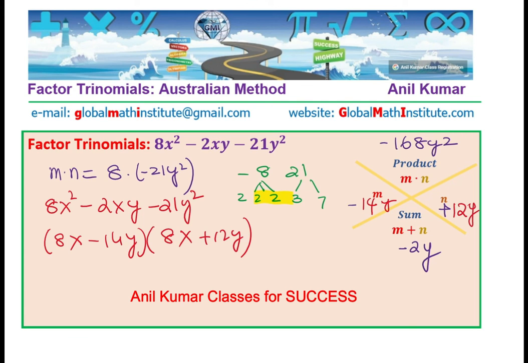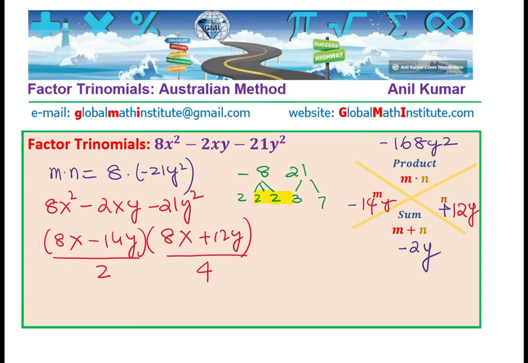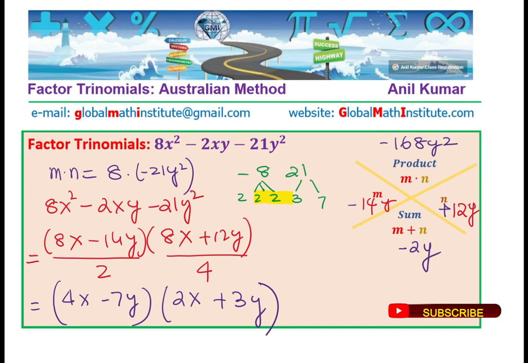We have to divide by 8. That means we can split it into 4 and 2. So this is good for 4, this is good for 2, giving us the answer: 8 half is 4, so 4x minus 7y times, dividing by 4, gives us 2x plus 3y. So that is how we are going to factor this.